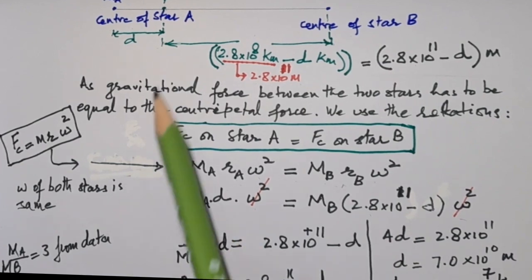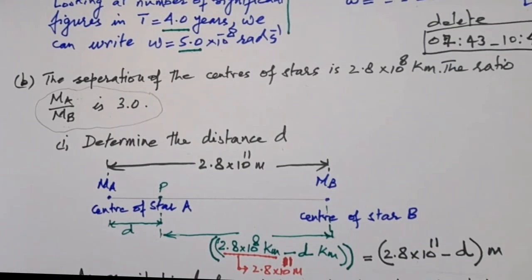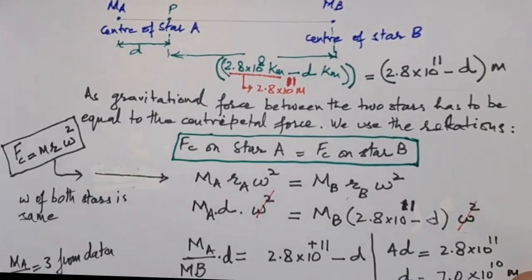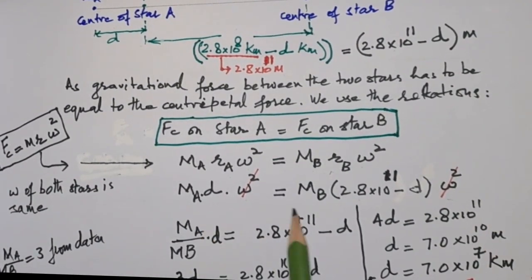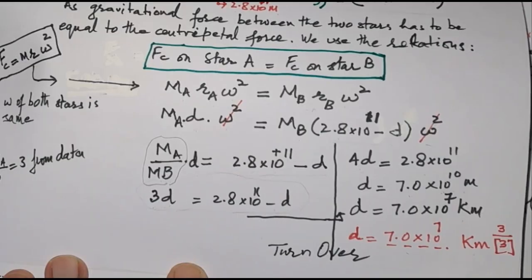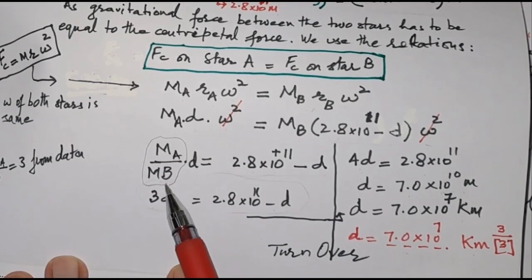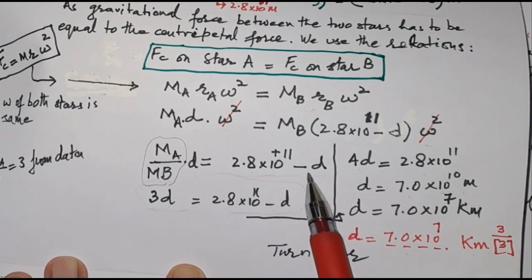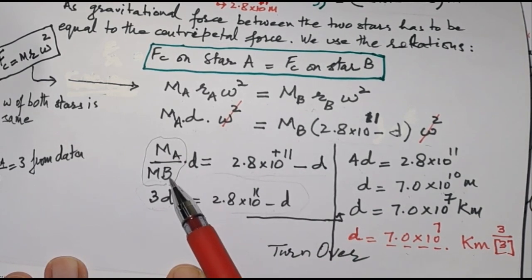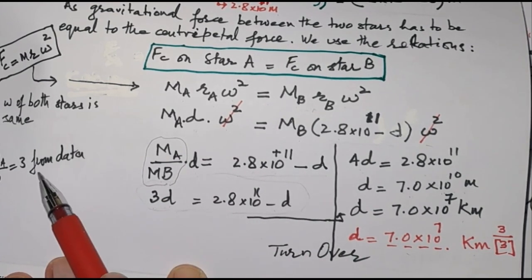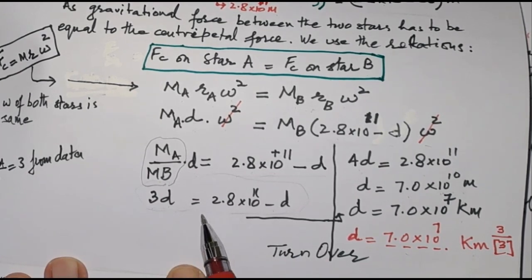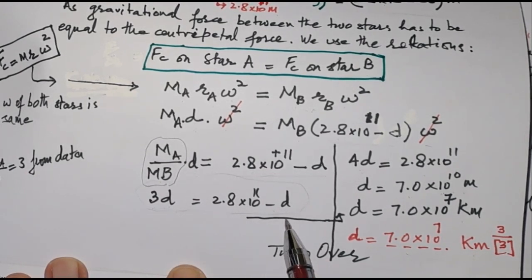Now, using the information here, we can make MA over MB from these equations, bringing MB here. So we have MA over MB times d equal to 2.8 × 10^11 minus d. For MA over MB, we write 3 from the data. And 3d is equal to 2.8 × 10^11 minus d.